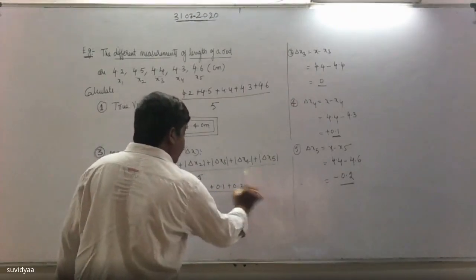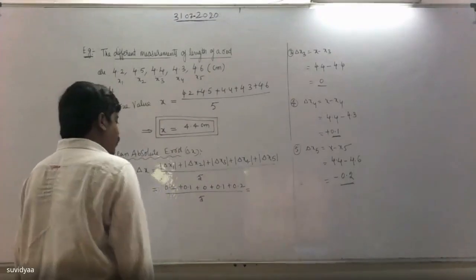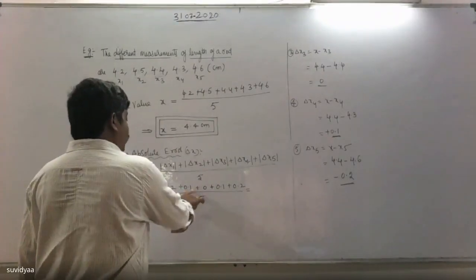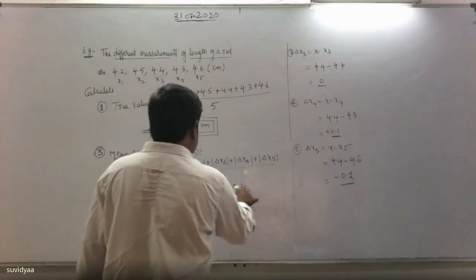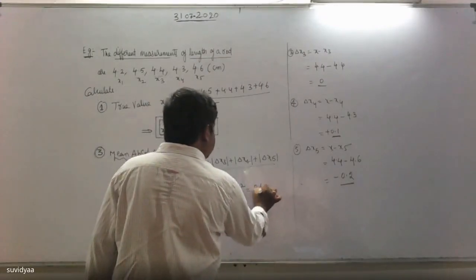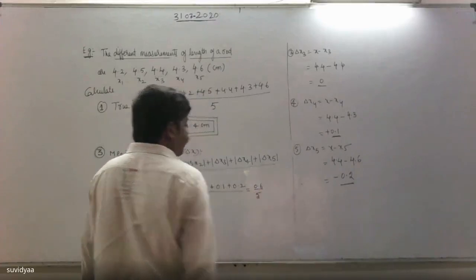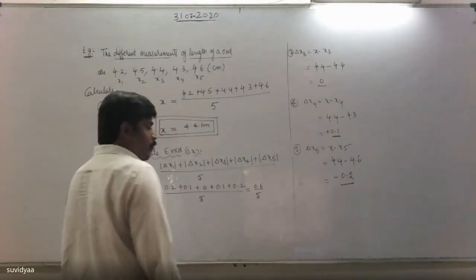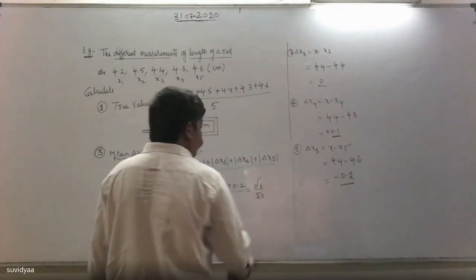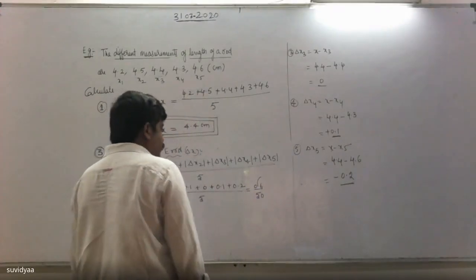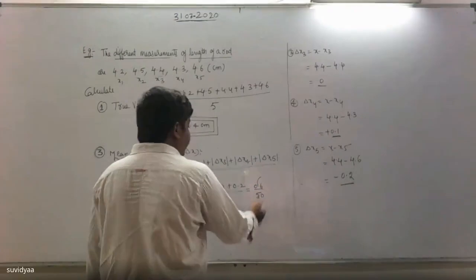So how much is it? 2 plus 1 is 3, plus 1 is 4, plus 2 is 6. So 0.6 upon 5. Remove the decimal and keep a 0 here.